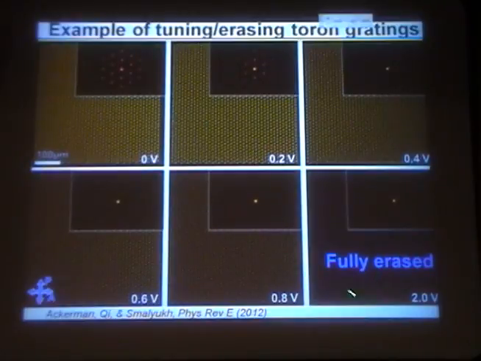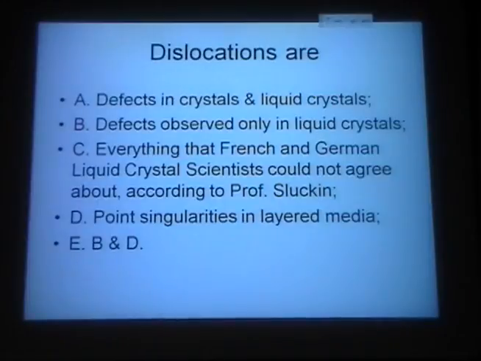So this is now purely homeotropic texture, and this nice periodic array that we had was fully erased. The corresponding diffraction patterns at different applied voltages are shown in the top corners of the images on this slide. You can see that we can control diffraction patterns by simply applying fairly low voltages to those diffraction gratings. So now we come to our next clicker question.